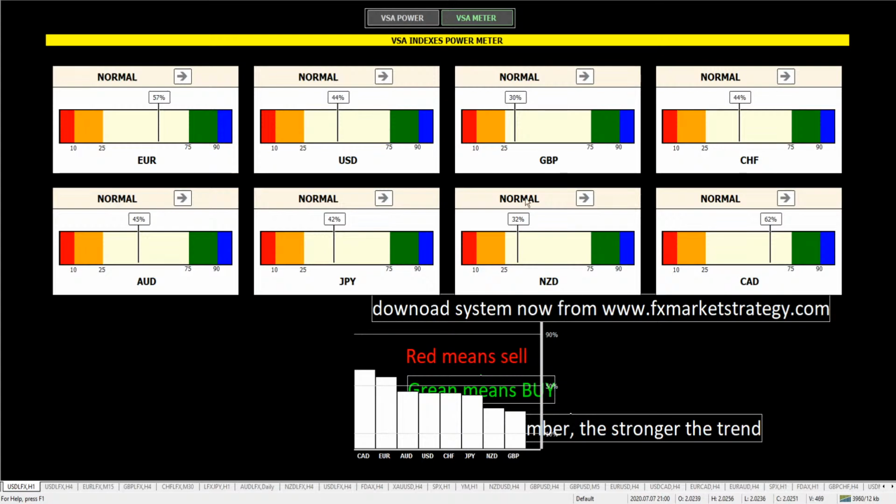So pound Canadian is the best sell right now. That's the good thing about the system: it will give you the strongest currency against the weakest.